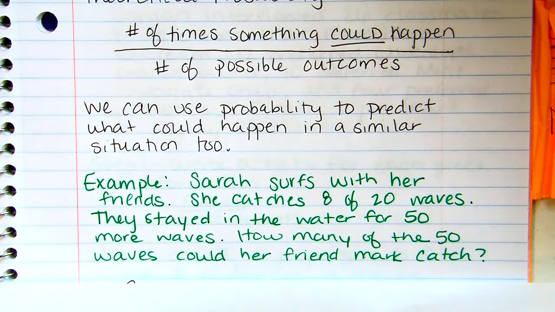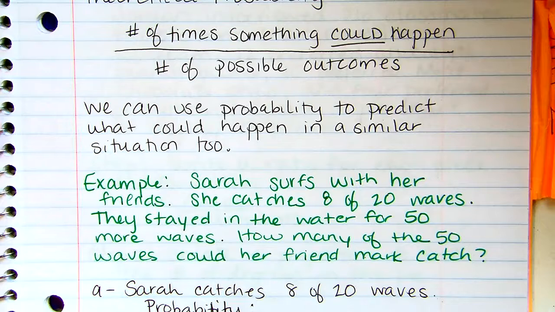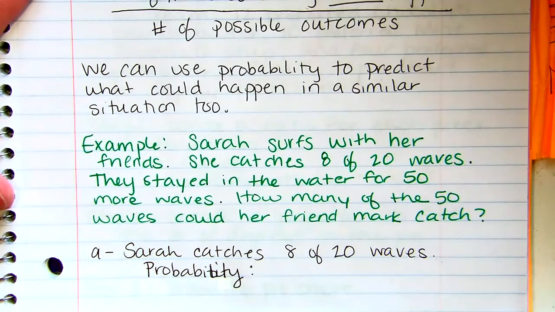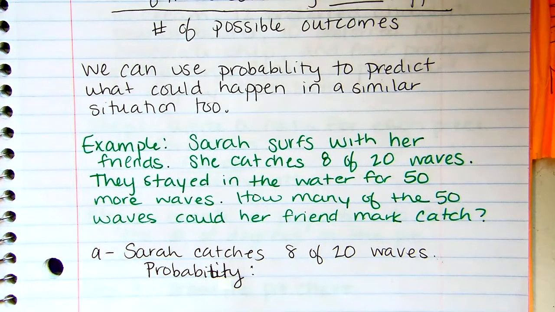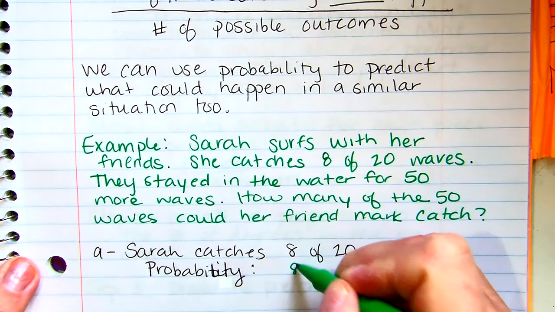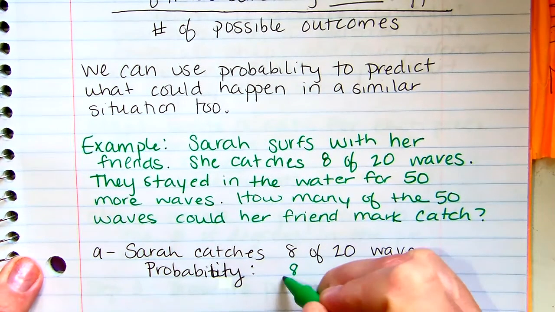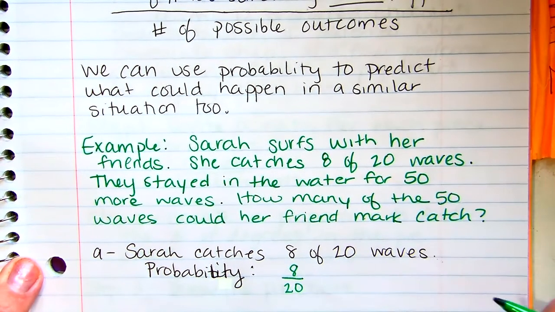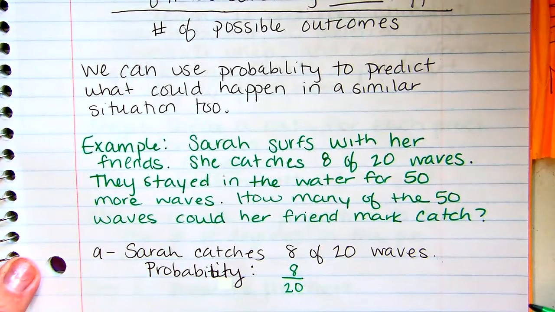Okay, so to begin with, it says Sarah catches 8 out of 20 waves. What is our probability here? Well, our probability is going to be the number of times something did happen, which was 8, out of the number of times she attempted, which was 20. Now, when we talk about probability, we always want to put this in a reduced ratio.